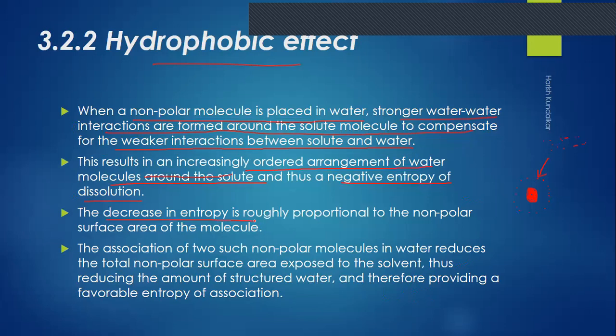Thus, the decrease in entropy is roughly proportional to the non-polar surface area of the molecule. That means the non-polar surface area of the molecule is directly proportional to the decrease in entropy when the molecule is placed in water. And then the association of two such non-polar molecules in water reduces the total non-polar surface area exposed to the solvent, thus reducing the amount of structured water and therefore providing a favorable entropy for association.